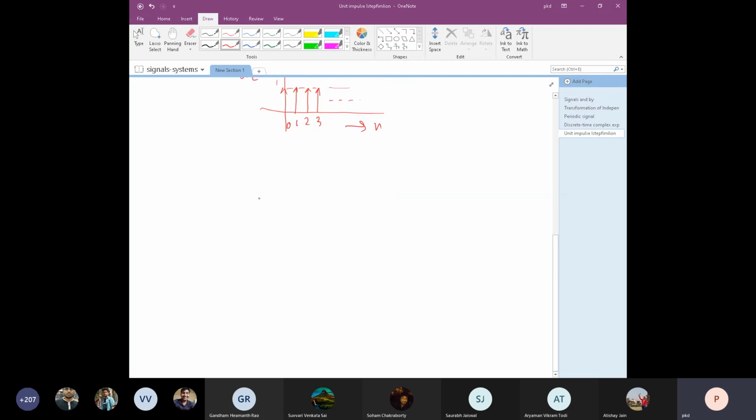Now very easily one can express delta n in terms of a discrete approximation of the differentiation, that is the backward difference, u(n) minus u(n minus 1).